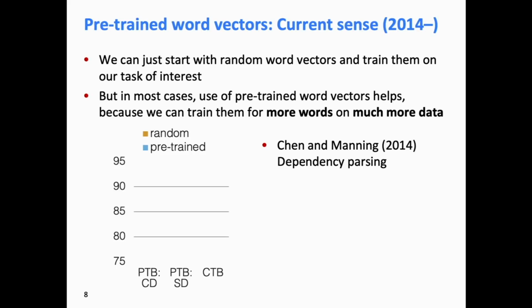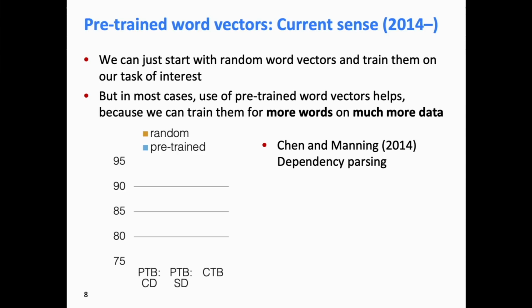So if you go ahead to what I'll call a 2014 to 2018 picture, the picture is actually very different. The results I'm going to show are from the Chen and Manning neural dependency parser that we talked about weeks ago.